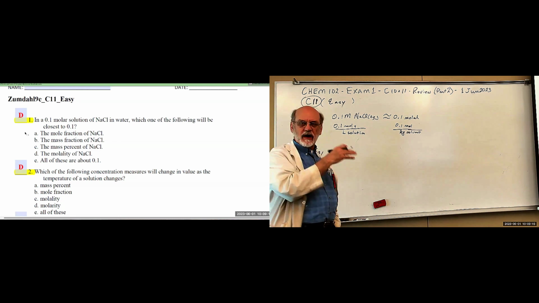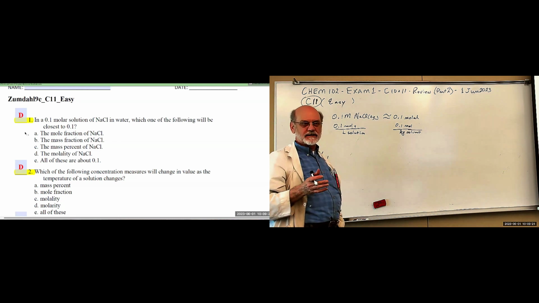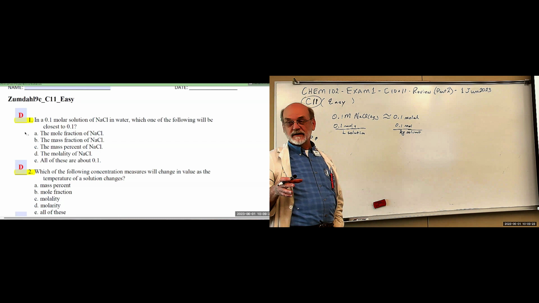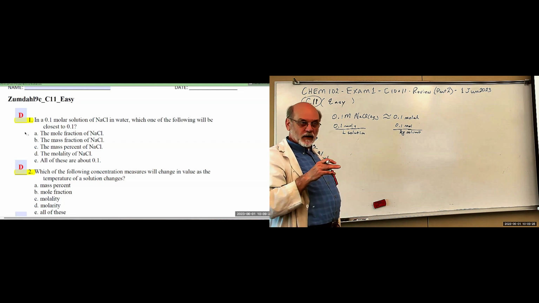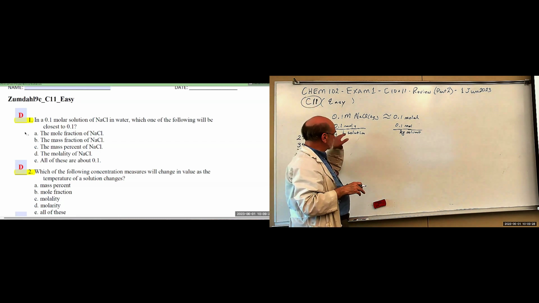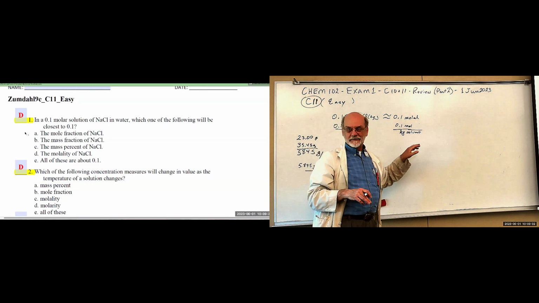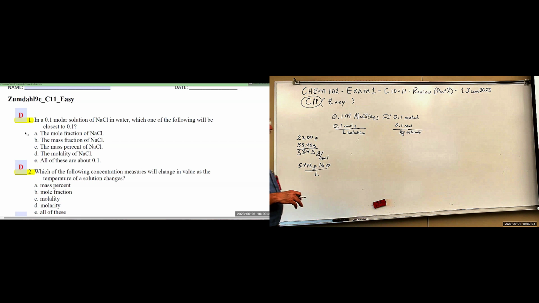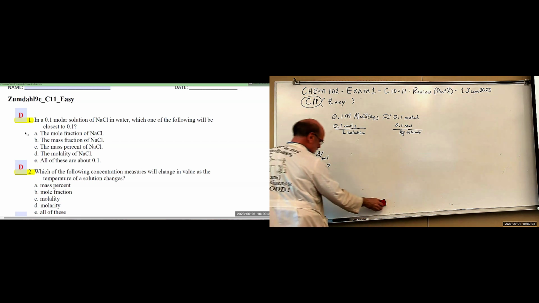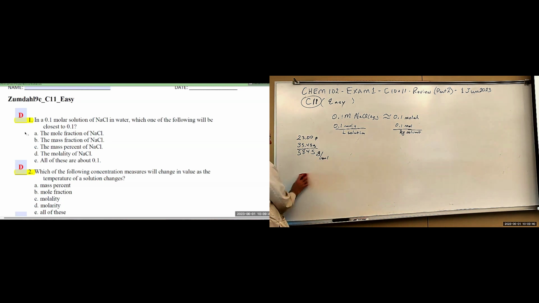That was the point of this problem, just to prove to you that molality and molarity are very close together in size. The only difference is when temperature changes, that one changes. When temperature changes, that one does not. Right, so I'm going to let it go there. If you want to calculate the rest of them, be my guest. You have the formulas, you know how to calculate them.